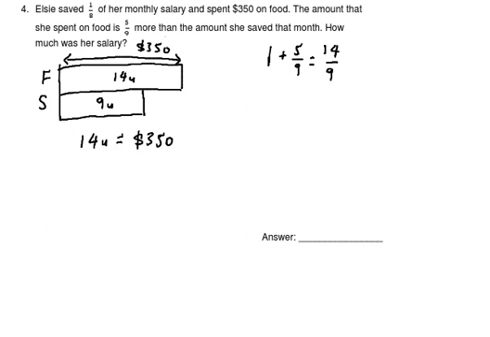So since 14 units equals to 350, how much is 1 unit, Jack? So when you do $350 divided by 14, what do you get?